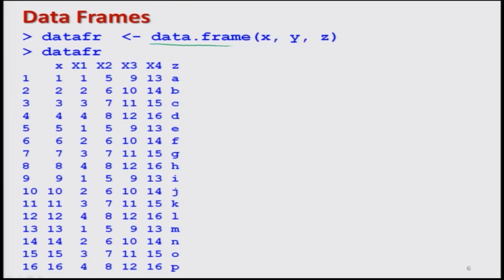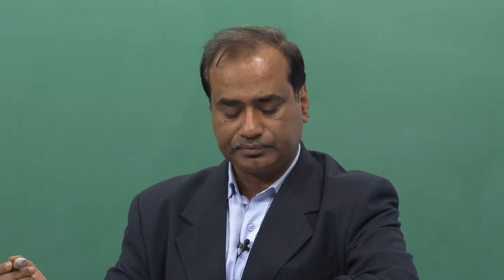So, I use the command data.frame, and inside the arguments I write down all the variables, say variable 1, variable 2, and so on, separated by commas. That is what I have to do, and this is the syntax of the function data.frame that will create a data frame of x, y and z.